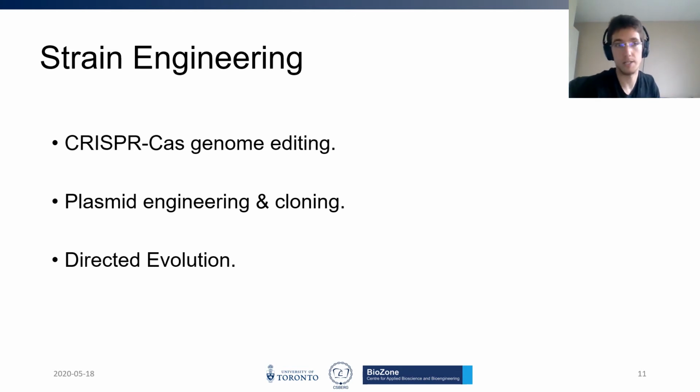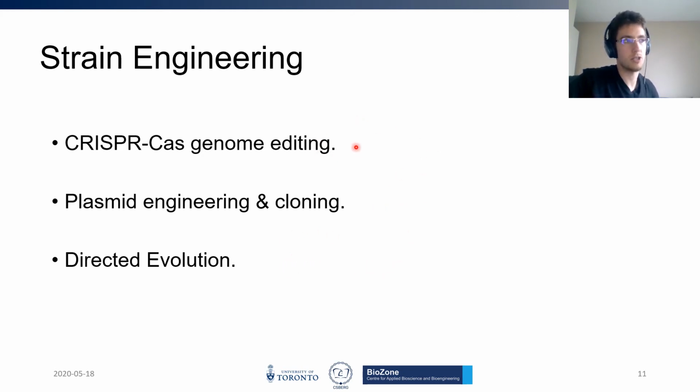Strain engineering is the idea of being able to take, let's say, a bacterial strain or a tissue culture cell, that wouldn't be a strain, but you get the point, a tissue culture cell, and mutating it in some way, shape, or form, or getting it to express something that it's not supposed to express, right? And I'm showing you three of the methods, two of them you've already talked about, one we're going to talk about next relatively quickly.